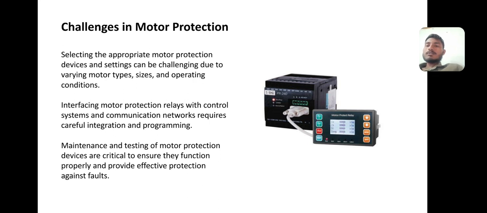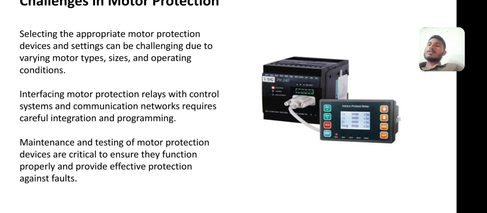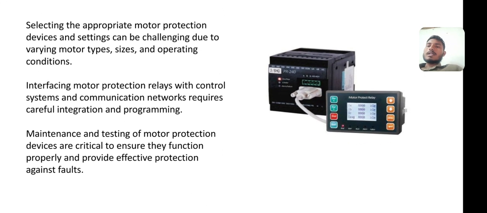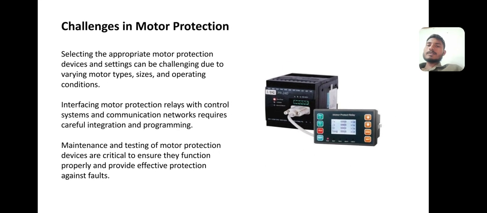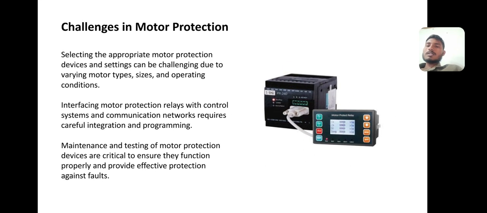Maintenance and testing of motor protection devices are crucial to ensure they function properly and provide effective protection against faults. And here is the image of the control system which is integrated to the relay, which is programmed.